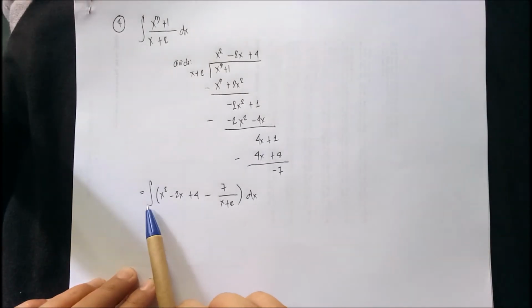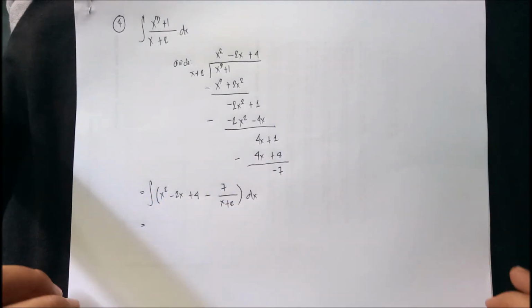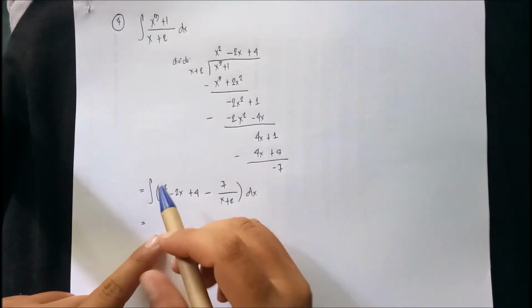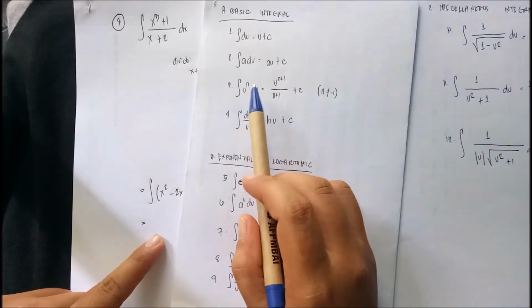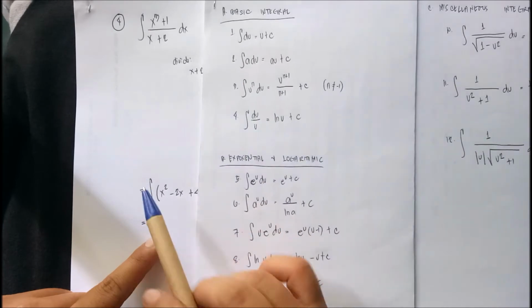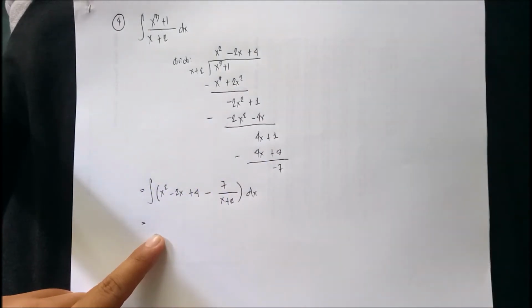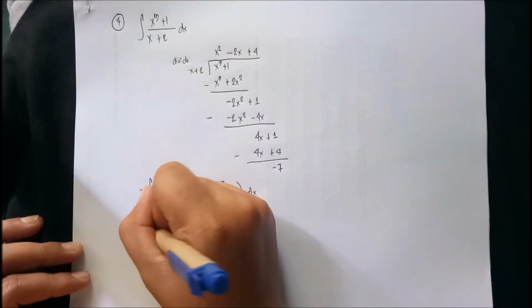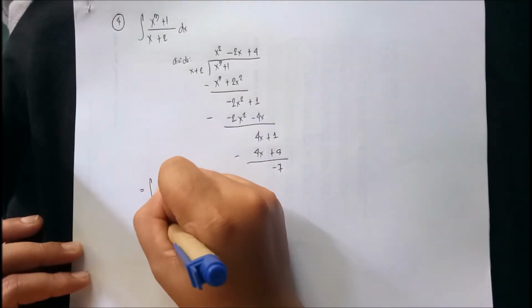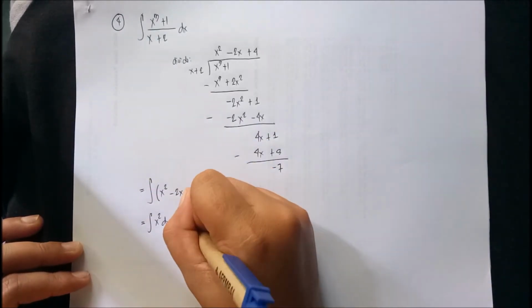Pwede natin itong i-distribute, pero hindi ko na ipapakita. Diretso na tayo. Okay? Okay, so, integrate natin itong first. This is just power. Diba? This one. Yung u natin ay x, yung du natin dx, which is ito na, papasok natin siya. So, this is now, sige na, ipakita ko na, integral of x squared dx, distribute class, minus, this one, itong 2, nilabas ko na.